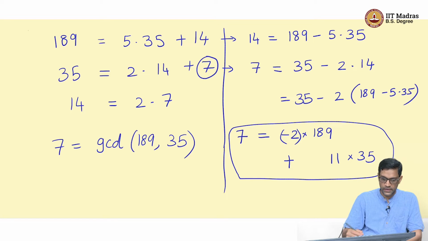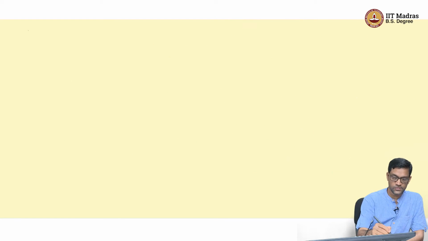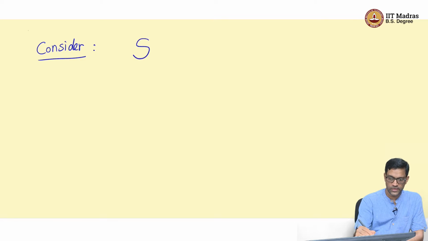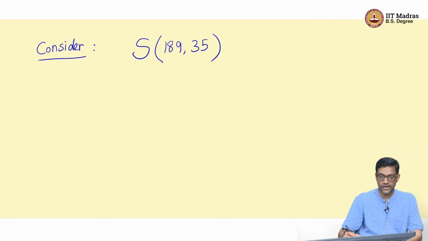Now, what does that mean? Let me just rephrase it as follows. Let's consider another way of thinking about what this is. Let's take the set S, which is constructed starting with the numbers 189 and 35. So, I will just call it S of 189, 35.